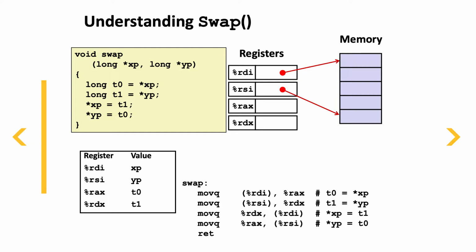So the value XP goes into RDI, YP goes into RSI, RAX gets T0, and RDX gets T1. So let's go step by step through this and keep those registers and values in mind, because that's important. We have to keep track of what variable and what parameter goes into which register at the start of things so we can follow along through the process.